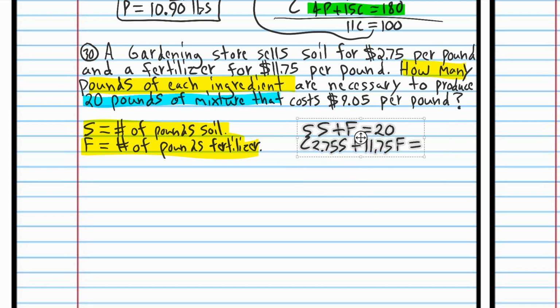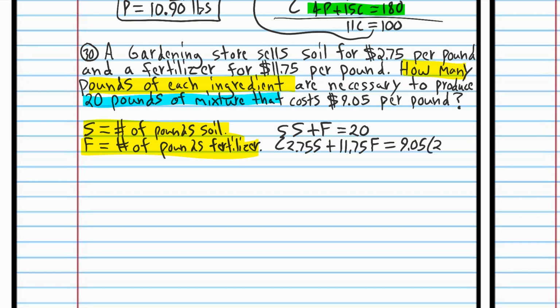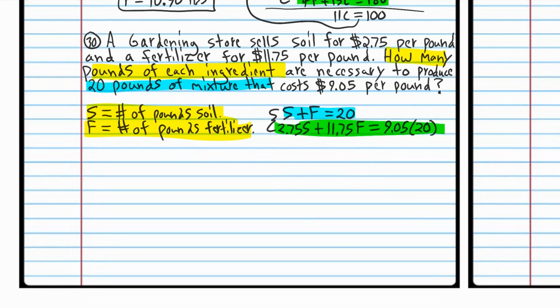And the total cost for the mixture of fertilizer and soil should be 9.05, because that's how much each pound costs, times the total number of pounds. So now we can just simplify. And 9.05 times 20 equals 181.